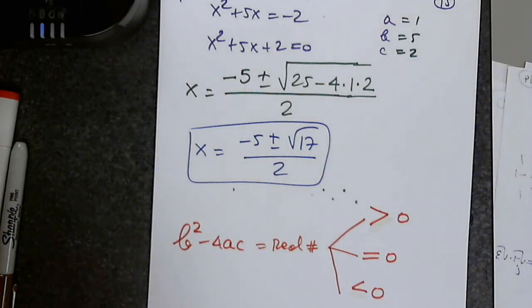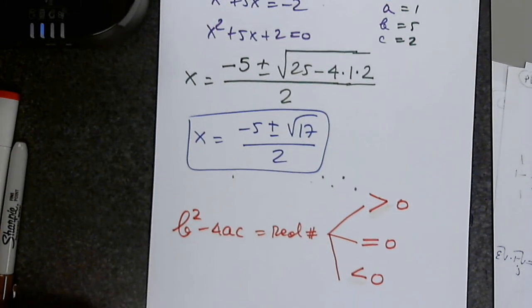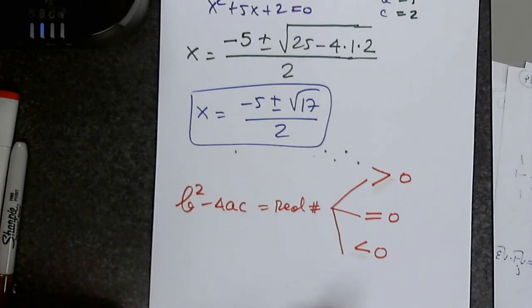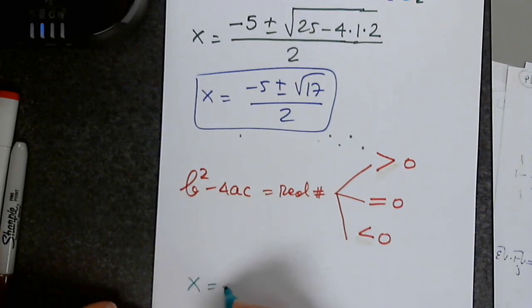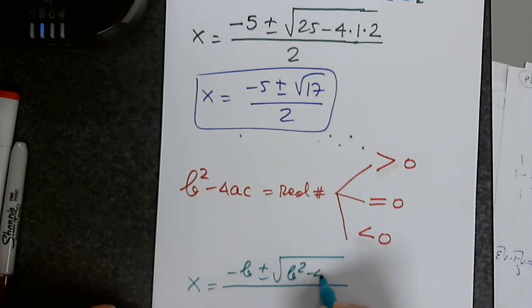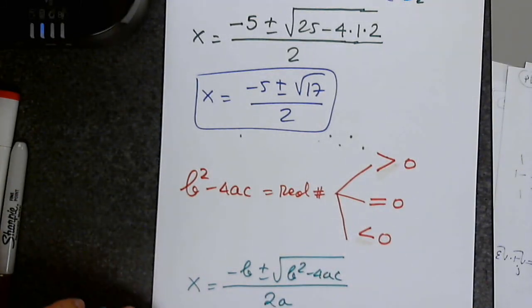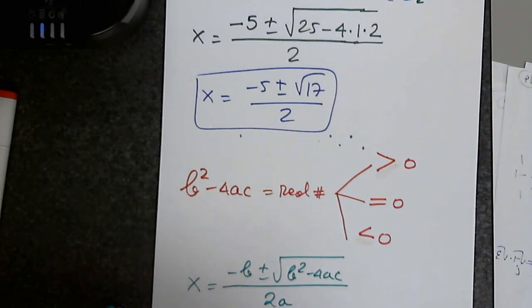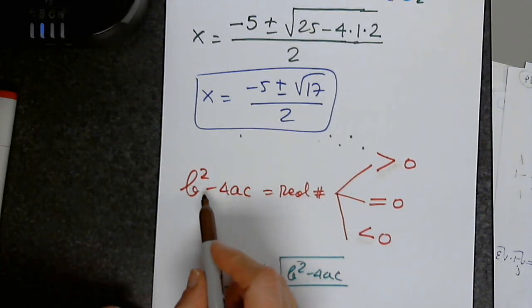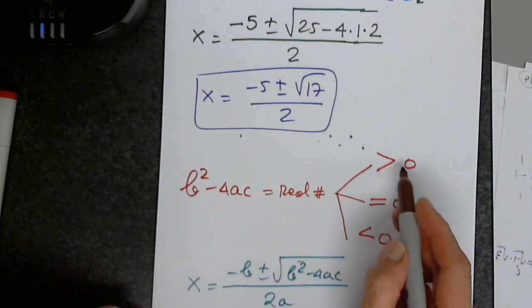I don't know why I put that. No reason. So positive, 0, or negative. Good. Now I'm coming back to the quadratic formula for a moment. I'm going to write it again here. And I'm going to ask you what happens if this quantity, which is our discriminant, is positive.